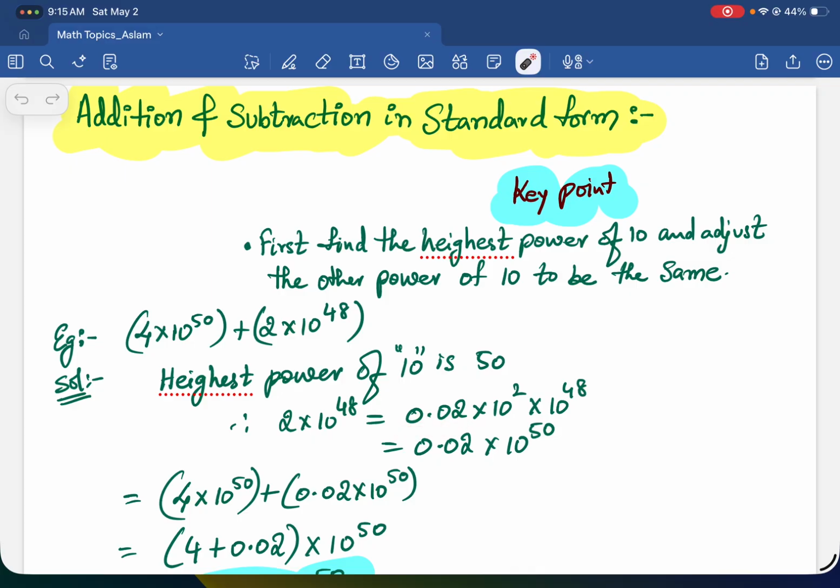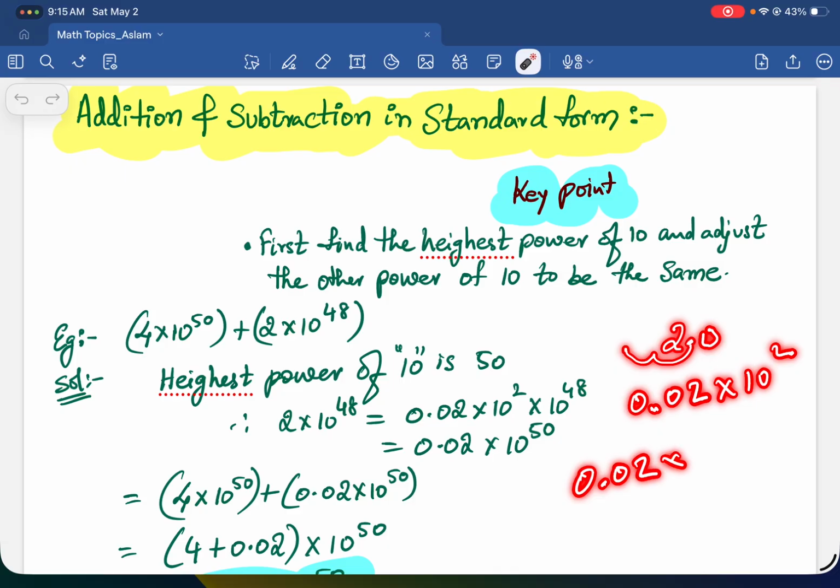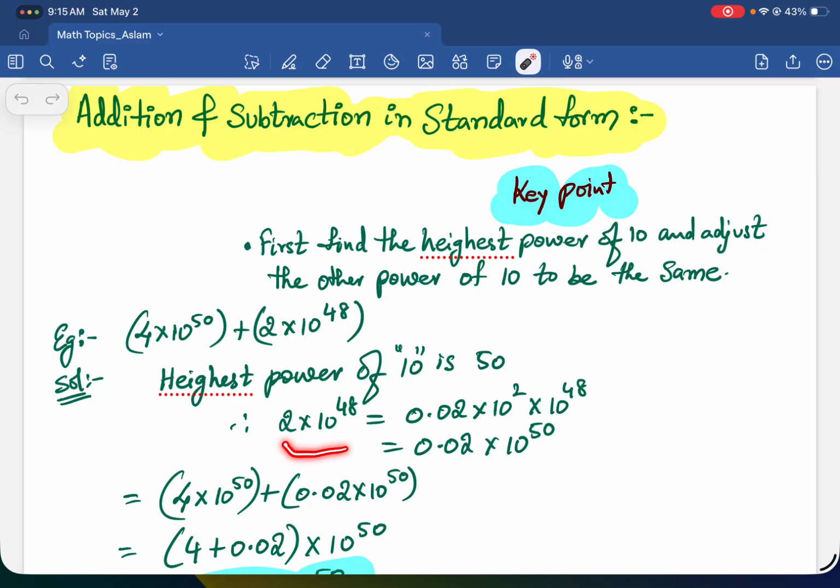You must be wondering how we are getting this. 2 actually means 2.0. If I have to make it into 10 to the power of 2, the decimal will move two places. So 0.02 into 10 to the power of 2 is the same as 2.0, because if you multiply 0.02 times 100, you get 2. Therefore this 2 can be written as 0.02 into 10 to the power of 2.